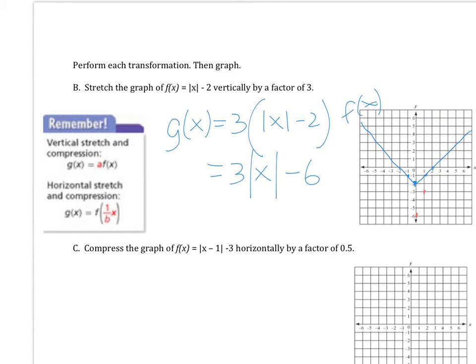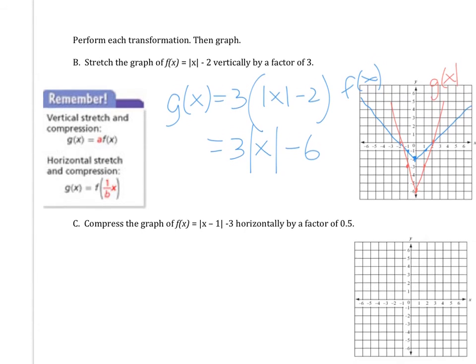Negative 1 in there, I get negative 3. Put a 2 in there and I get 0. Negative 2 and 0. So it looks something like that. So you have to maybe substitute a few values in for the absolute value in order to find the points. And you see that it's coming closer to the y-axis.